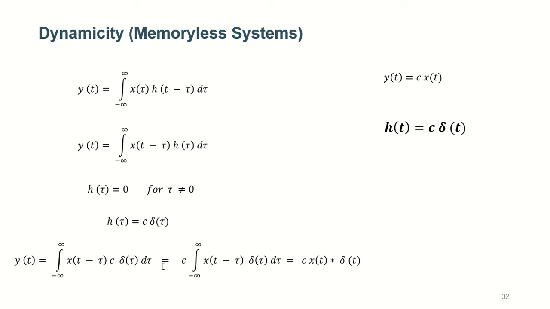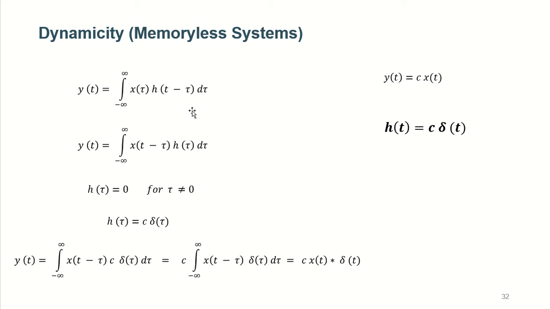Okay, now as we all know c is a constant, so we will take the c out and we will represent the term again, integral from minus infinity to infinity of x of t minus tau delta tau into d tau. And again, when you see this equation, it has great resemblance with the equation of convolution, right?